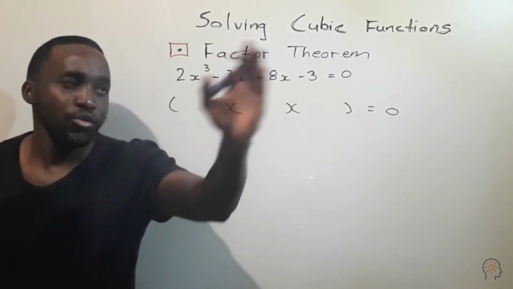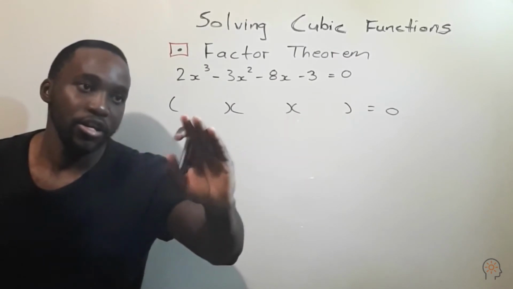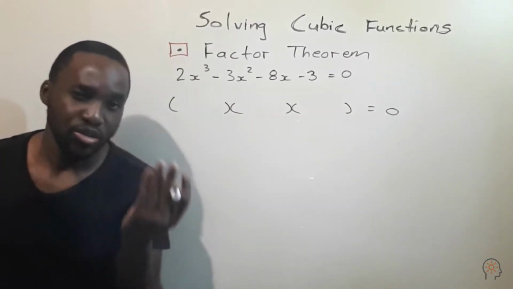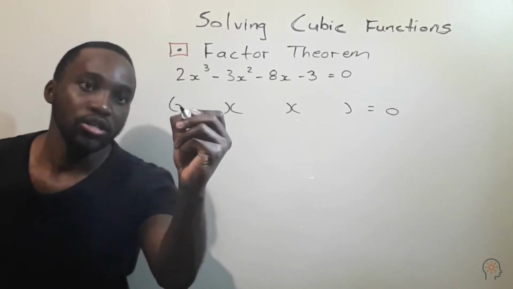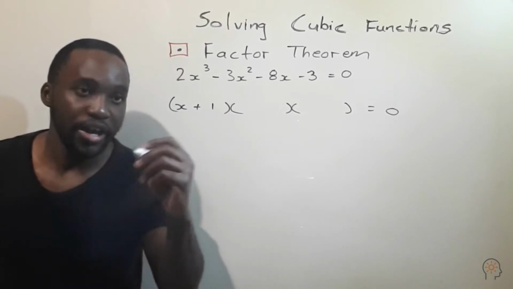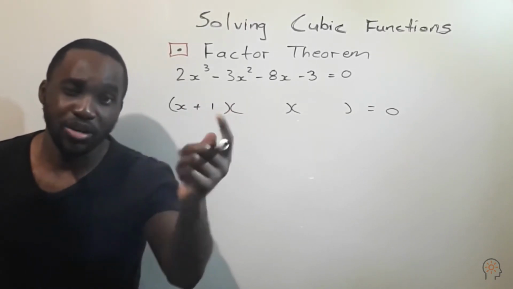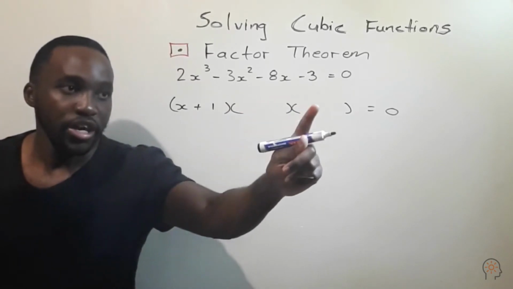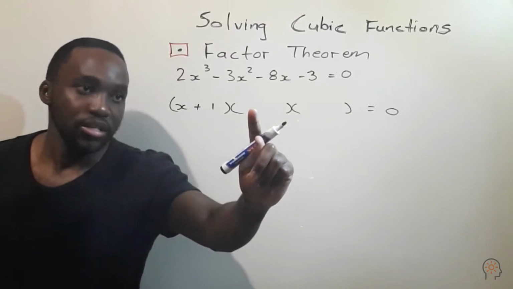So we know that with a cubic graph, you usually have 3 factors, and each of them gives you those 3 solutions. In our case, we found one of the factors: because x is equal to negative 1 is a solution, it means x plus 1 is a factor.